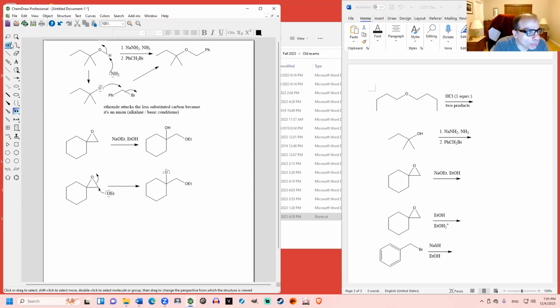And so we look at what we're given. We're given sodium ethoxide and ethanol. Ethanol is protic, so we can get a proton from an ethanol molecule. And that's exactly what we do.